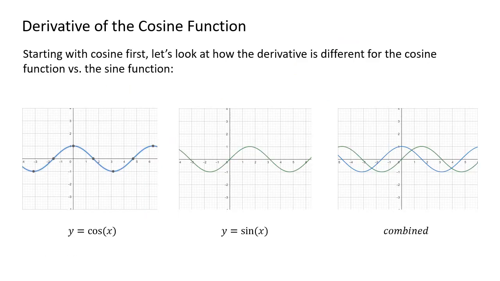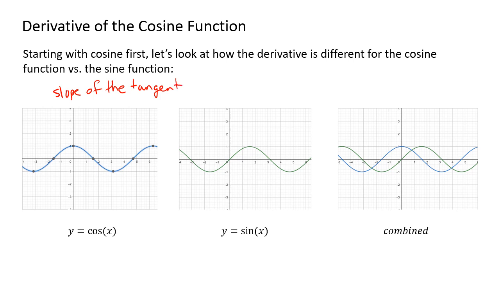Okay, so the first item we looked at was the derivative of the sine function. So now I want to start with the cosine function and find its derivative. Okay, so remember the derivative is the slope of the tangent at each point of your function.